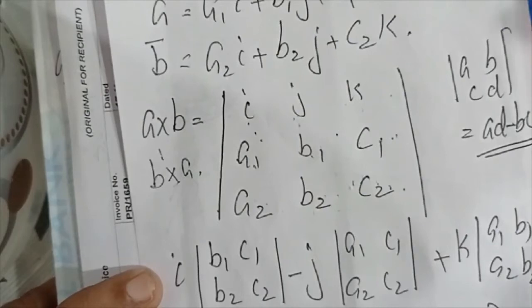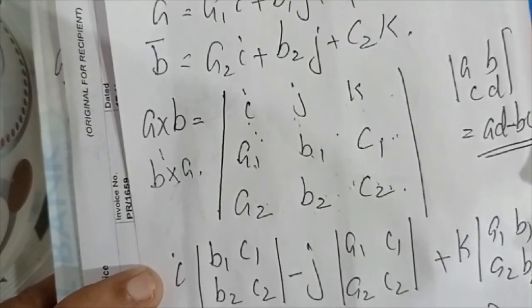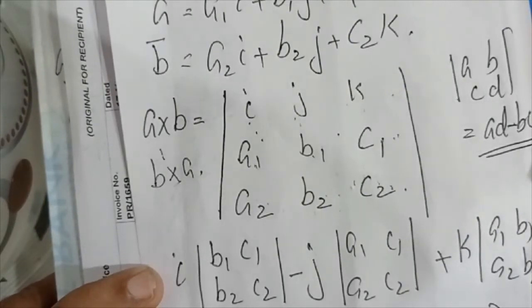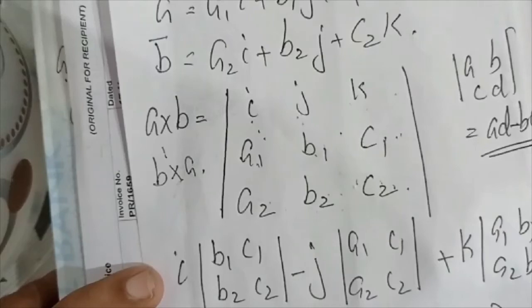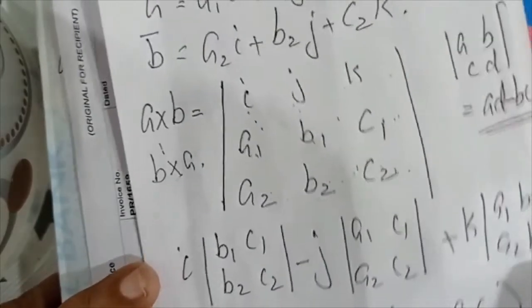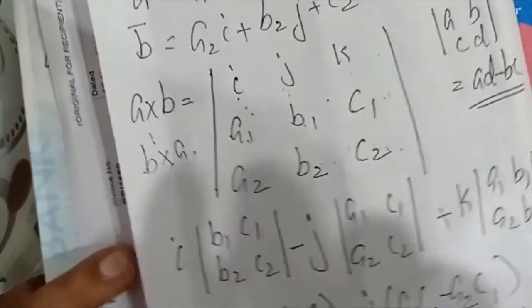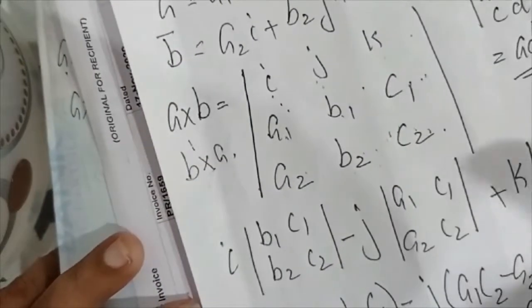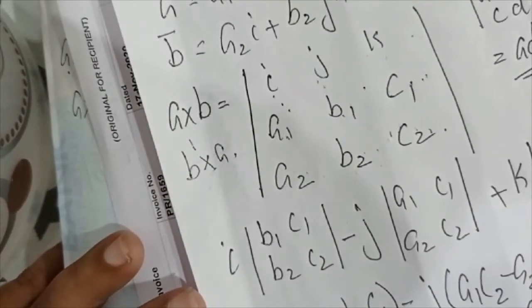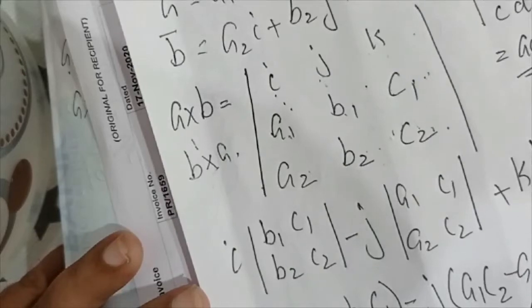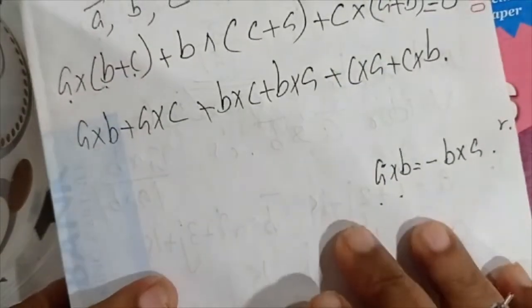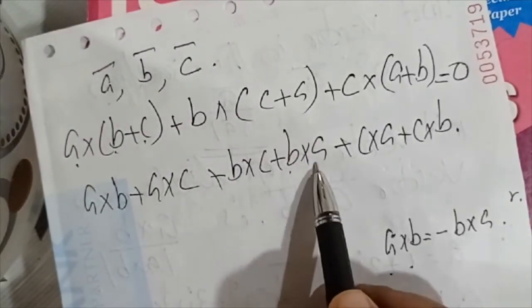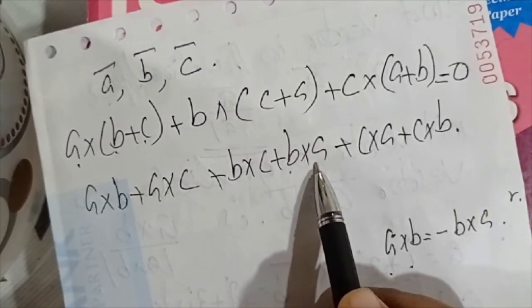If you interchange any two rows or columns, can you say the property of the determinant? The numerical value of the determinant is the same, but the sign changes. You remember that property? Now we can say that B cross A is the same as minus A cross B.